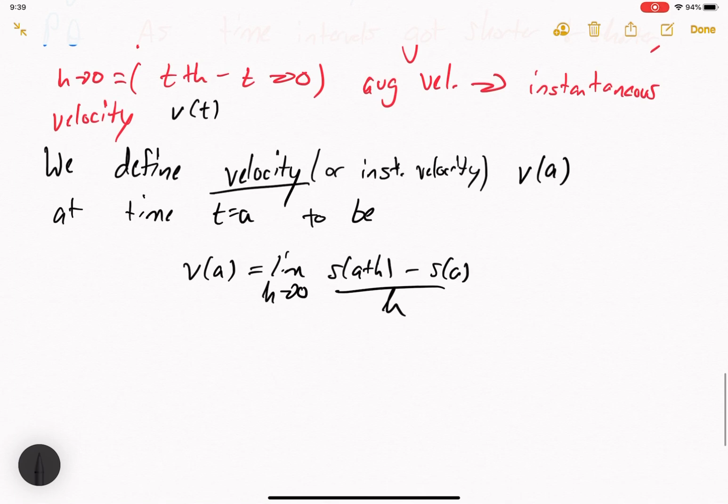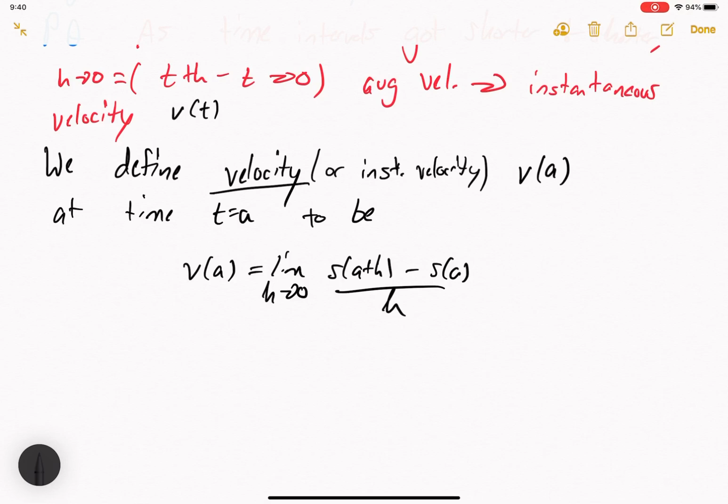So that's how we define our velocity. We say velocity v of a, or you could argue v of t if you want to be general, at time t equals a, is the limit as h goes to 0 of s of a plus h minus s of a divided by h.